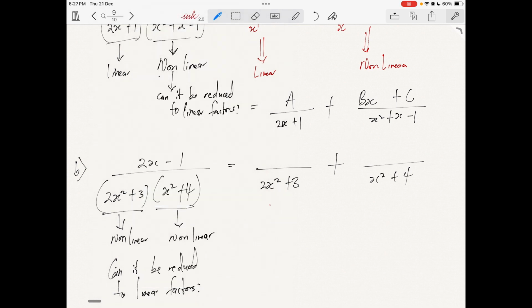x squared at the denominator. So obviously at the numerator we will be left with x raised to power 1 and x raised to power 0, and our denominator will be left with x raised to power 1 and x raised to power 0.